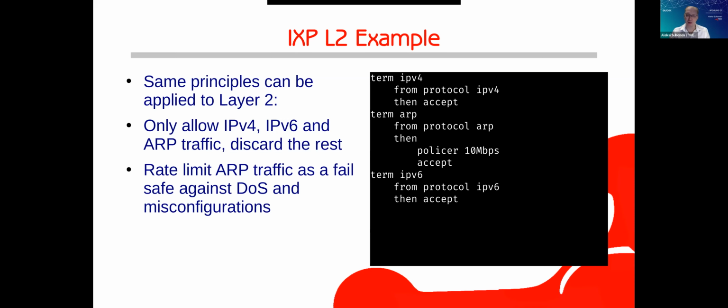For example, our membership agreement very clearly states that on the peering LAN, the peering virtual LAN, you are allowed to talk IPv4, IPv6, and ARP. So we can accept those, and then we can disregard everything else.